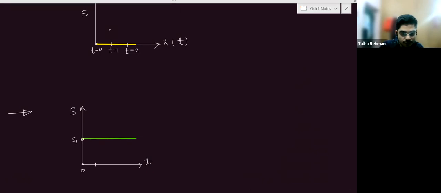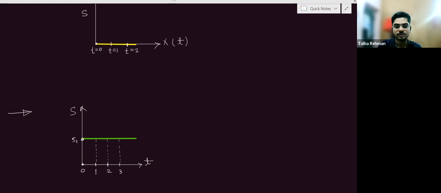At t is equal to 1, again the displacement is s1. At t is equal to 2, again s1. At t is equal to 3, again s1.